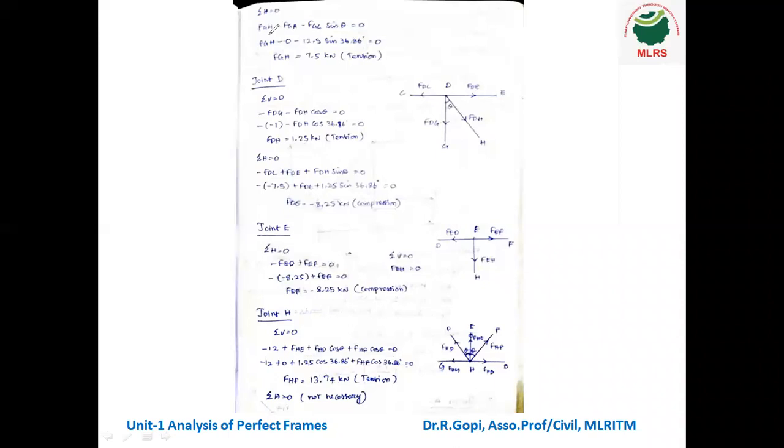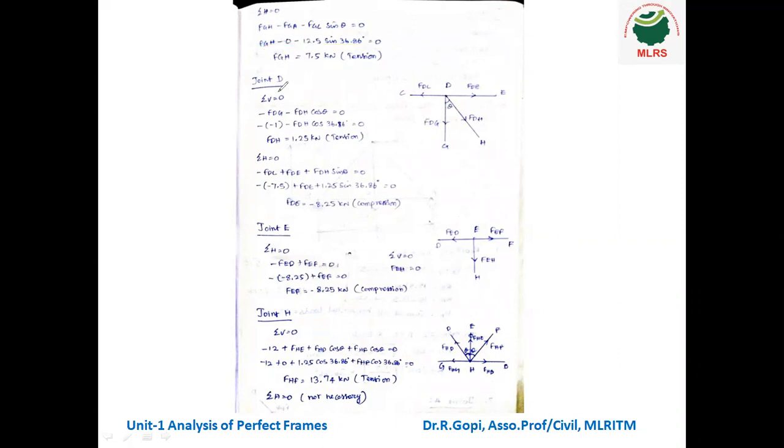That means left hand side. And FGH moving right hand side, so it is positive. Right hand side means positive, left hand side means negative. So FGH minus FGA minus FGC sin theta equal to 0. So from this FGC value we know, substitute that value, and FGA already we found it is 0. So finally FGH is equal to 7.5 kilonewton.